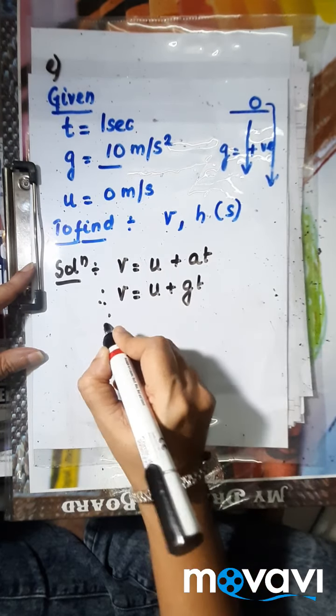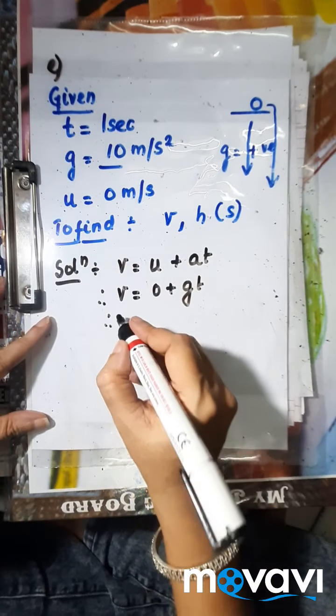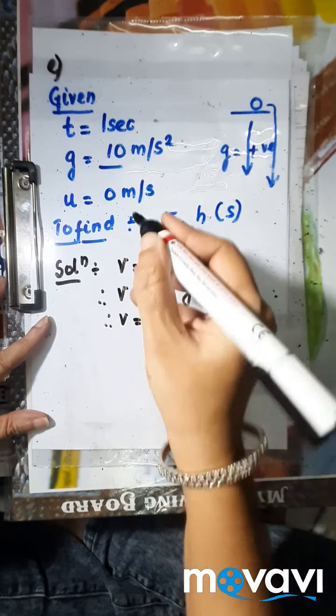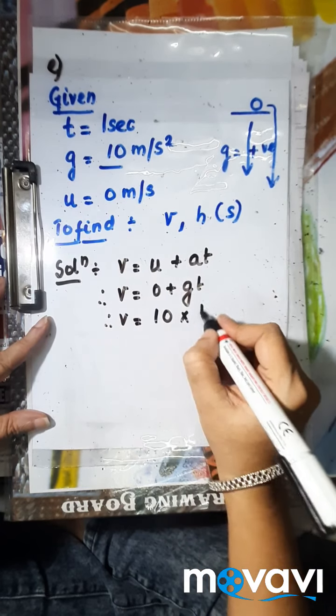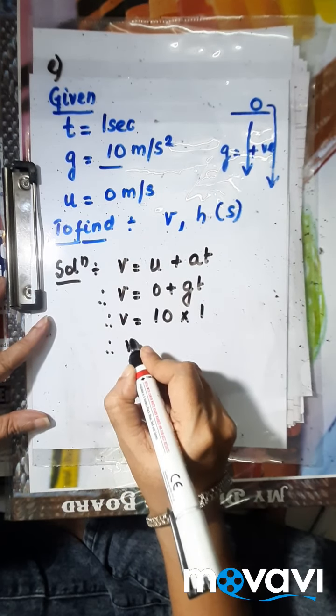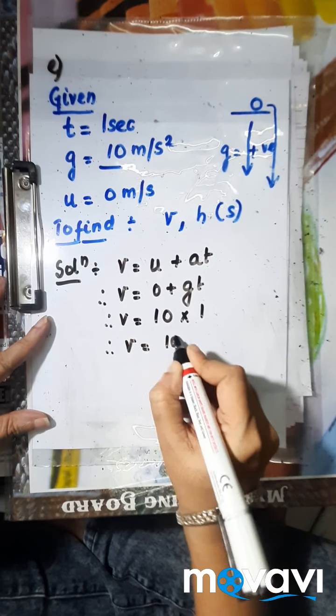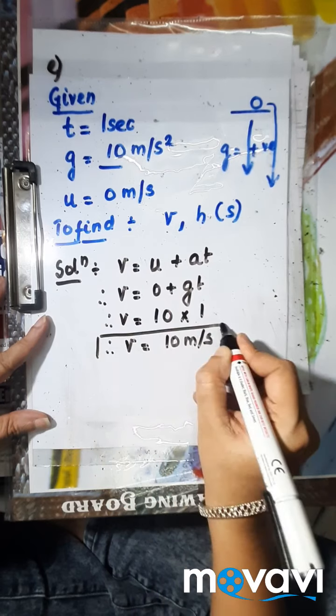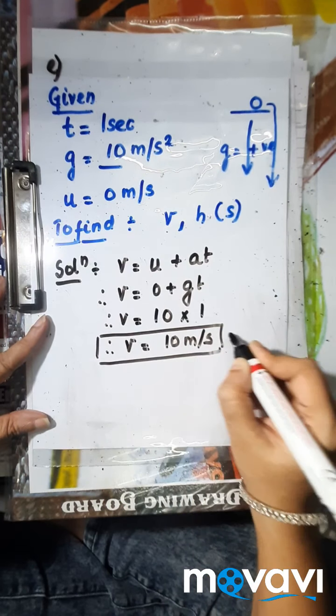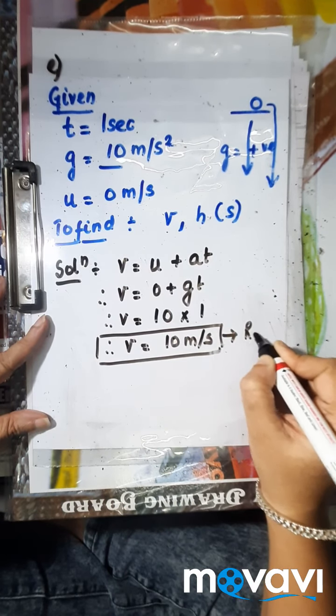Therefore my u is 0, so I could substitute here 0 plus gt. So my v is equal to, my g is 10 and my t is 1 second. So my velocity with which it touches the ground is 10 meter per second. I'll put this in a box and write result, but I also have to write the answer statement.